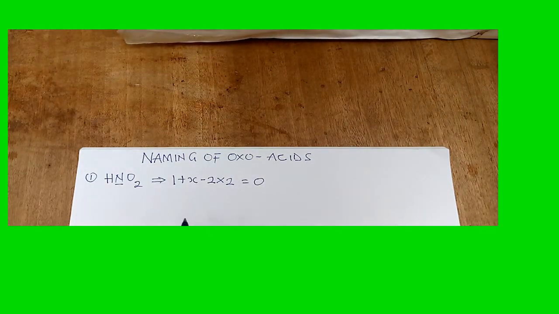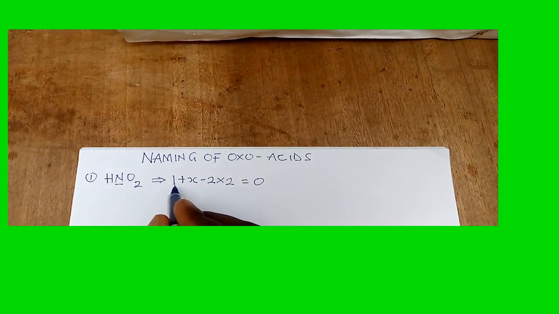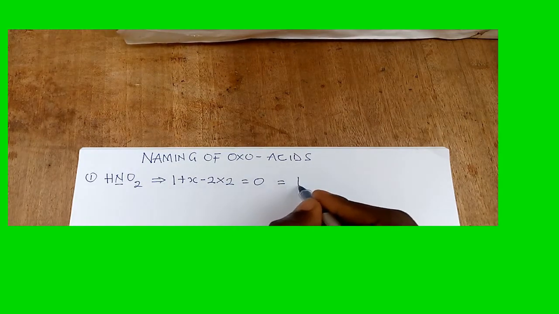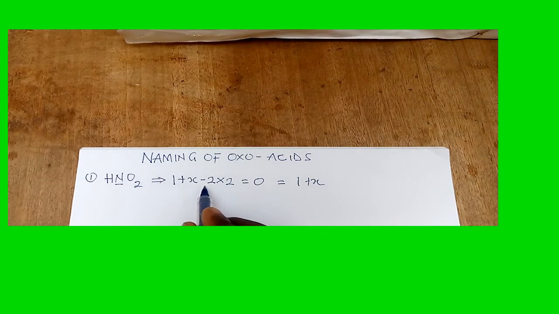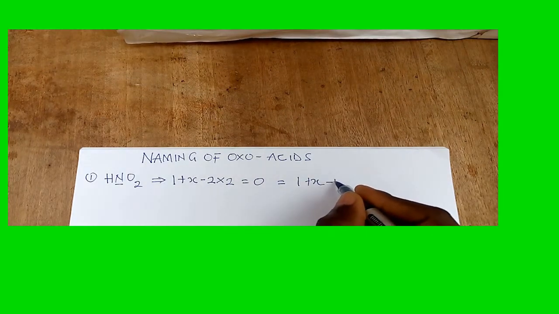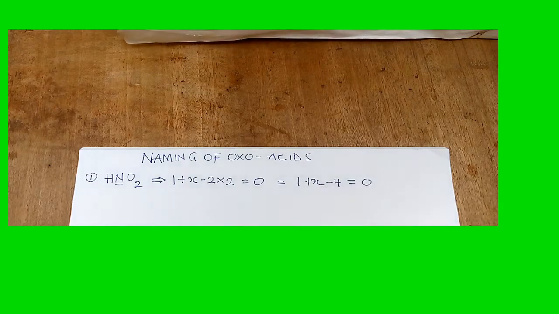So at this point, we just need to simplify our expression. By simplifying, we get 1 plus X, and -2 times 2 gives us -4, so -4 here, and it's equal to 0. Then we group like terms: X, -4 plus 1 equal to 0.